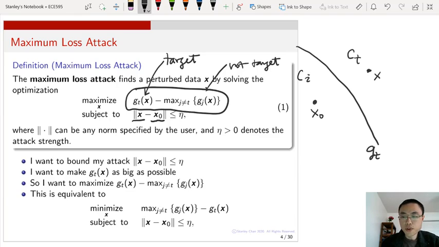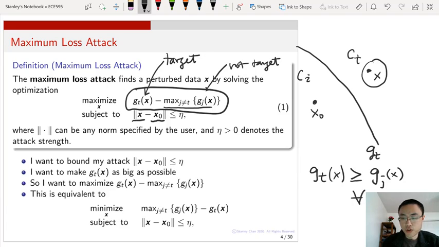And if you apply the discriminant function to evaluate this number, it has to be higher than anyone else in the decision boundary caused by other classifiers. And so this maximum operation is the same as saying that gt of x has to be bigger than any gj of x for all the j's that are not the same as your t.